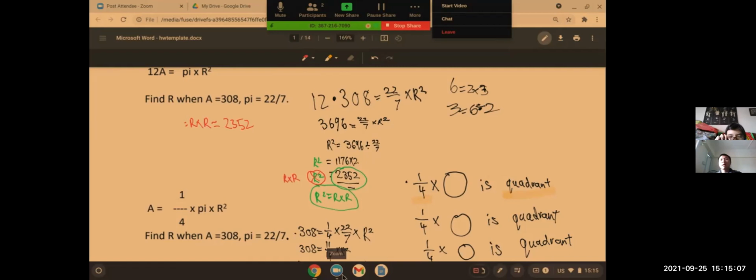Yes, let me see. Yeah, square root 2352. That's how you find R times R. So what do you get? Let me also calculate on my side, double check for you. What is square root 2352?